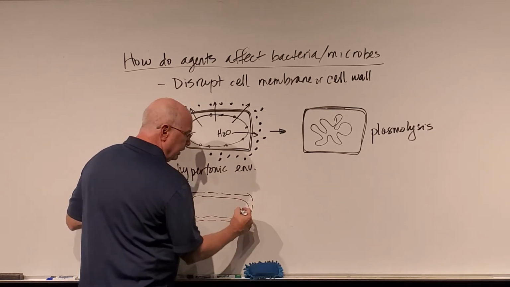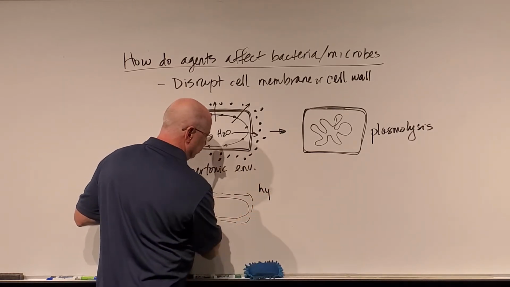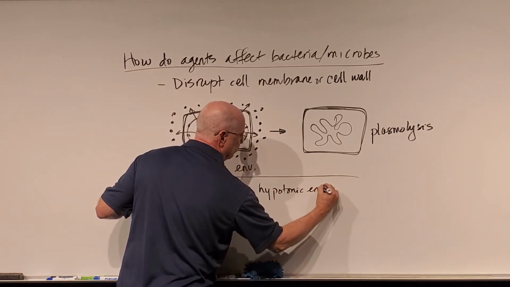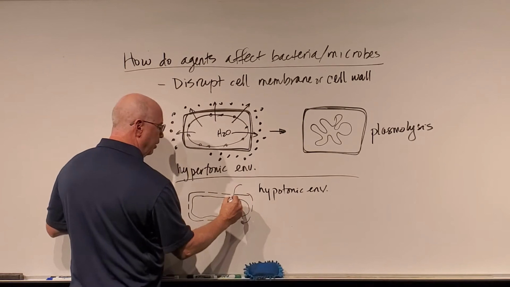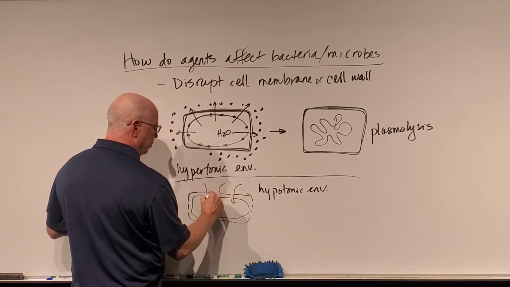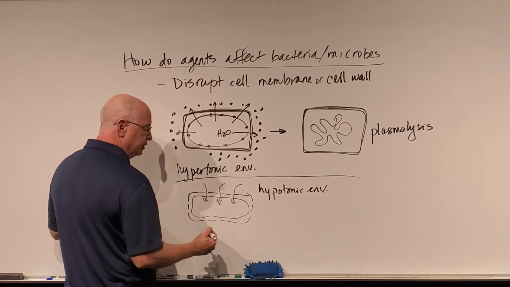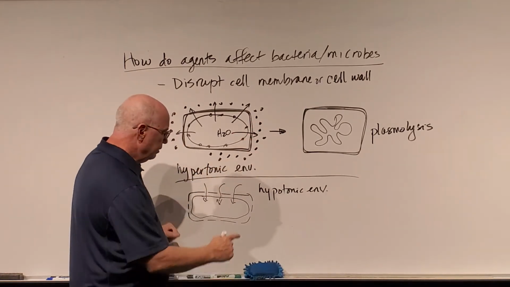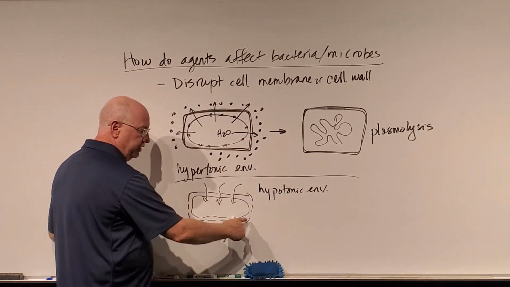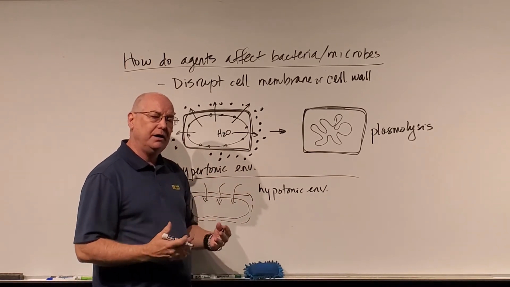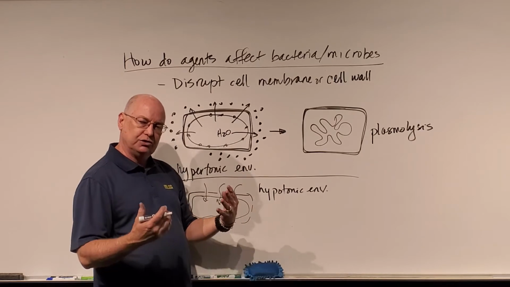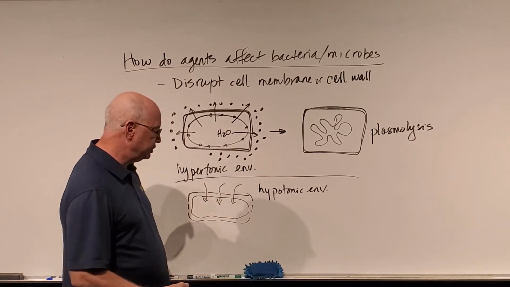And so if I have a hypotonic solution or a hypotonic environment, then water wants to flow in where the higher salt concentration is. That would cause the cell to swell and rupture. But because bacteria have a very rigid cell wall, a lot of bacteria are not susceptible to what we call lysis or cytolysis, the rupturing of the cell.